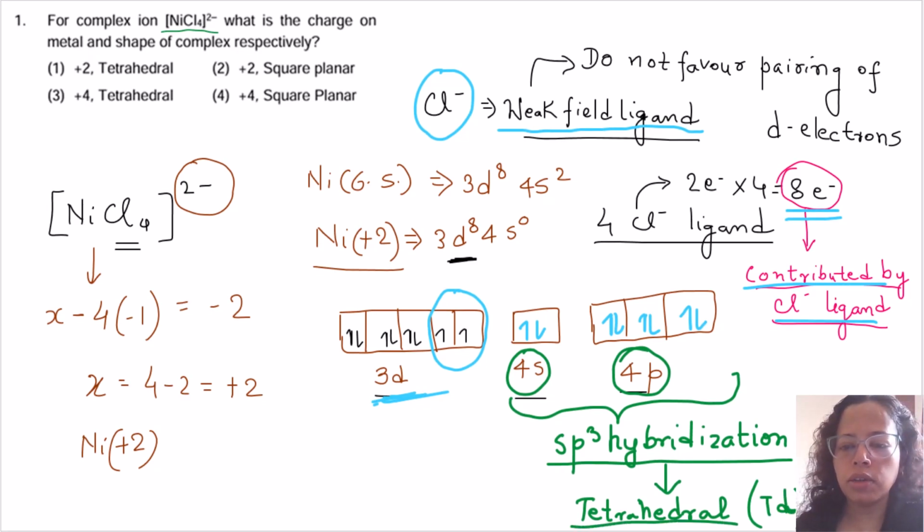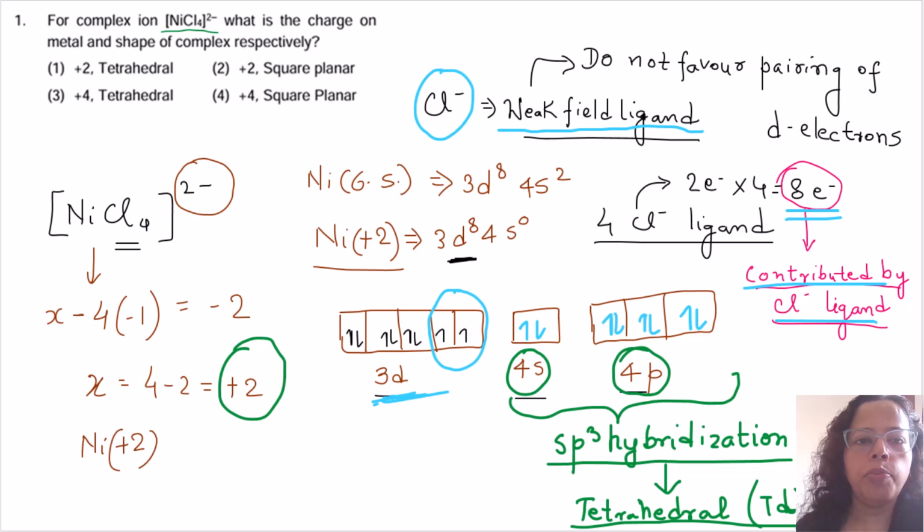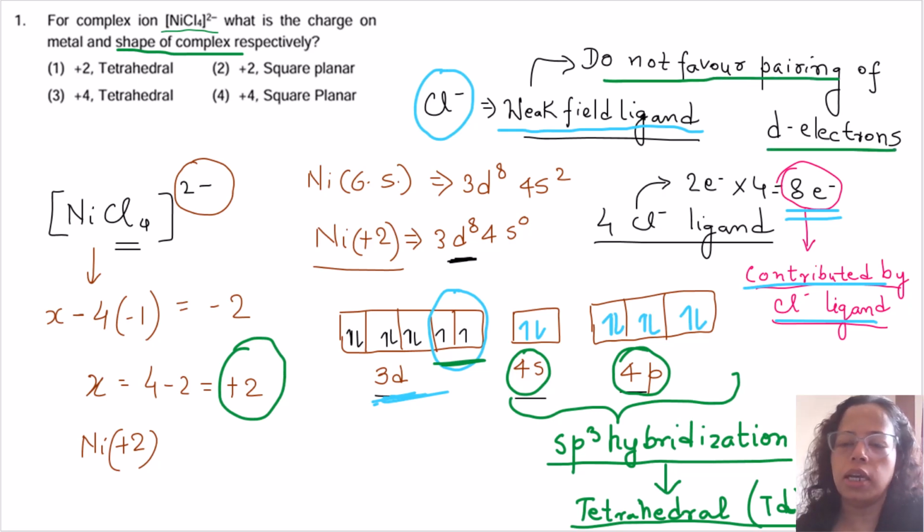So what is the answer to this question? The charge on nickel is +2 and the shape of the complex is tetrahedral. And how is it tetrahedral? Because nickel is coordinated to a weak field ligand, chloro, and because of that the 2 unpaired electrons of nickel remain unpaired, as weak field ligands do not favor pairing of d electrons.